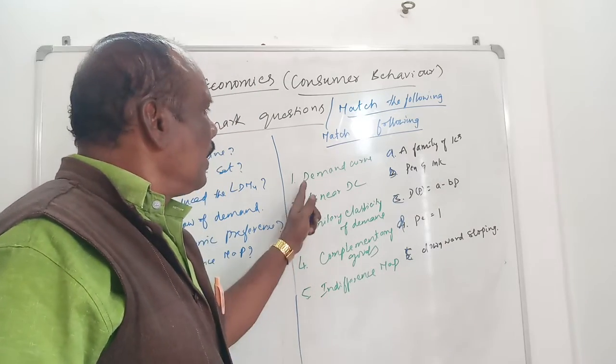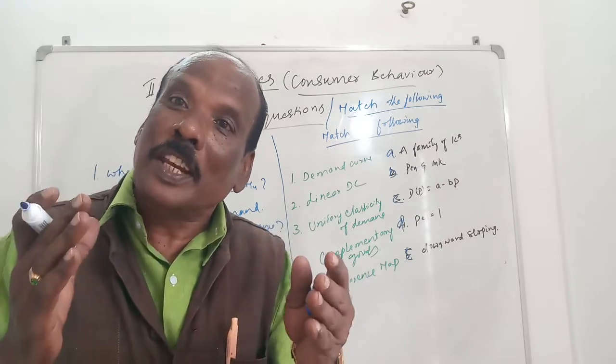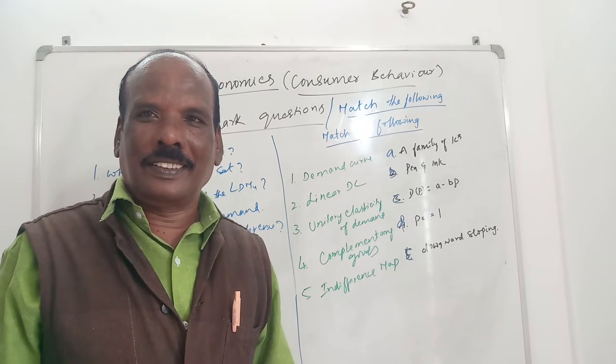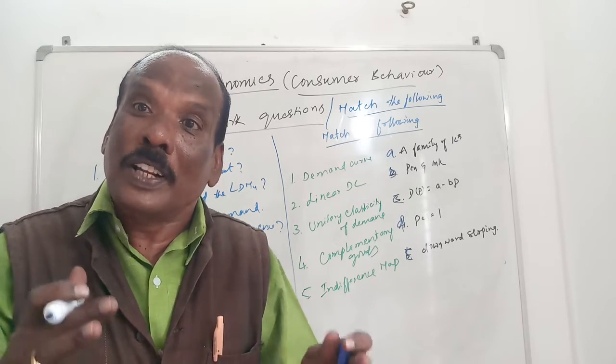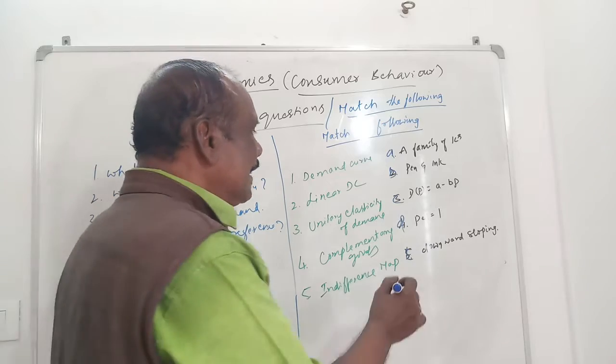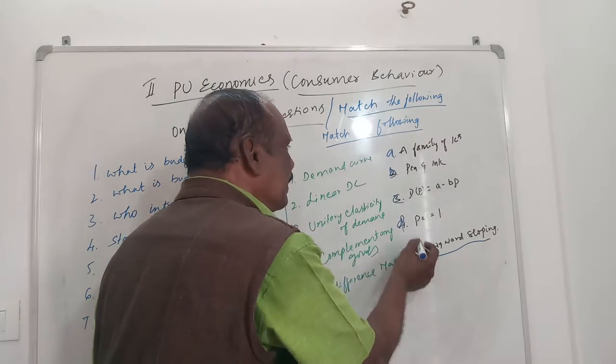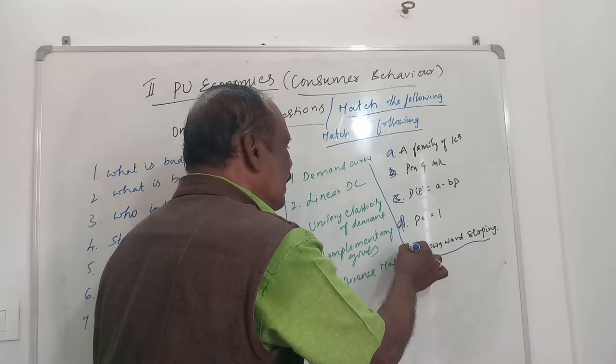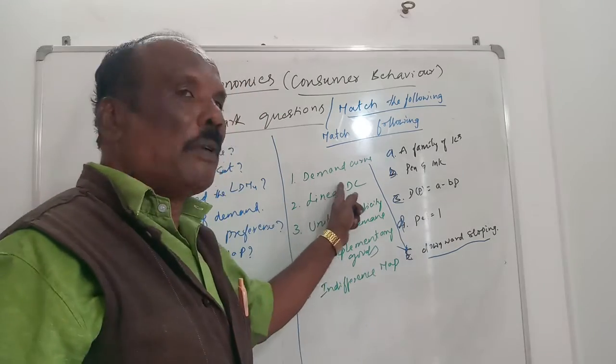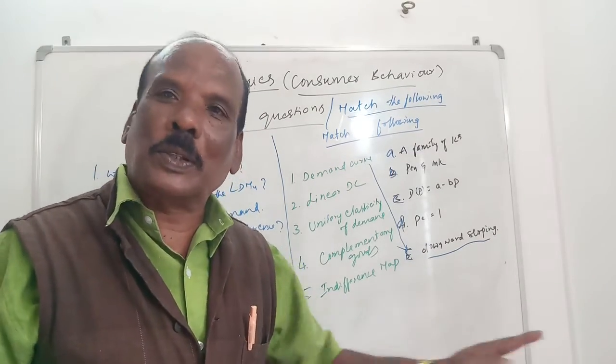Now let's see. Demand curve. What is the shape of the demand curve? How does it slope? It is downward sloping, right? You have to write the demand curve is downward sloping.